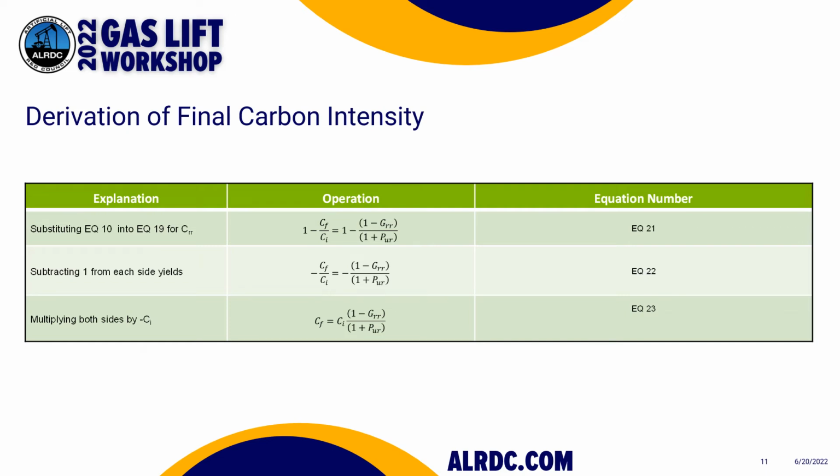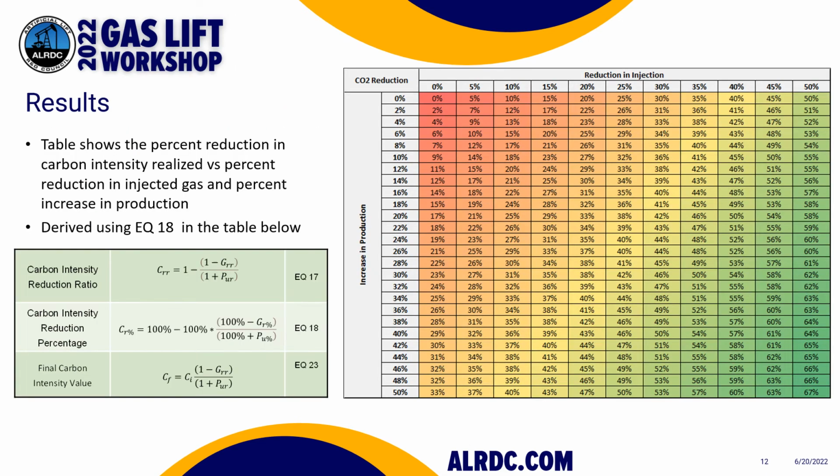So this is a heat chart showing just what those percentages look like. When you reduce injection, when you increase production, you can use this to look up where that puts you from a carbon intensity reduction standpoint.